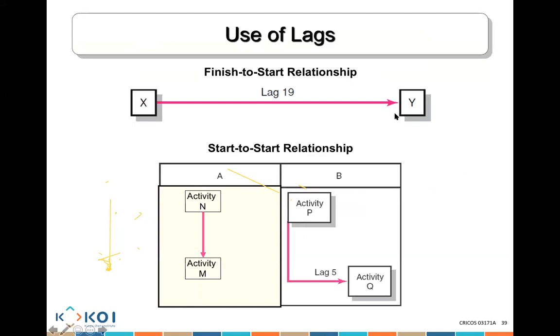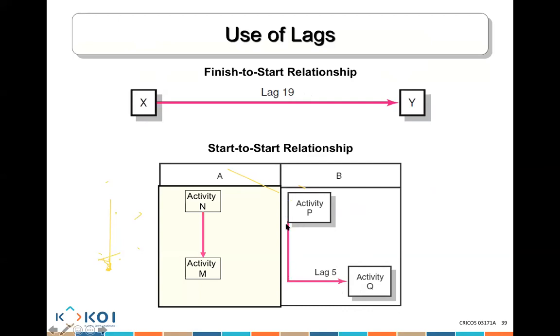In this example, activity Y cannot start. You see the start here? This is the beginning. This is the end. Until 19 days after activity X finishes. Activity Q cannot start until 5 days after activity P has actually started.